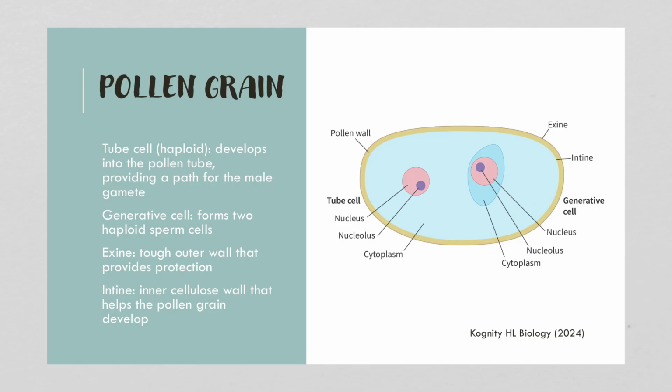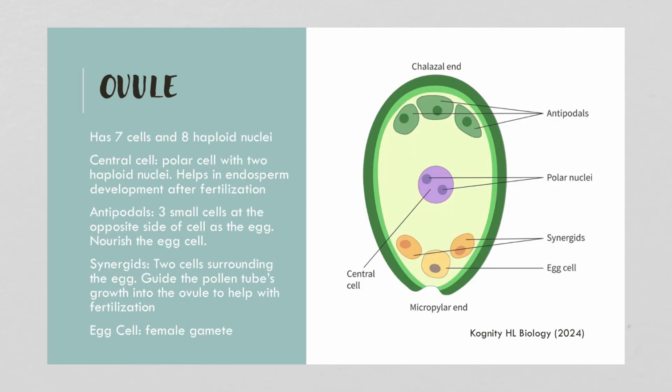The generative cell forms two haploid sperm cells. The exine is the tough outer layer that provides protection, and then the intine, which is the inner layer here, is made of cellulose. It's a cell wall made of cellulose that helps the pollen grain develop.